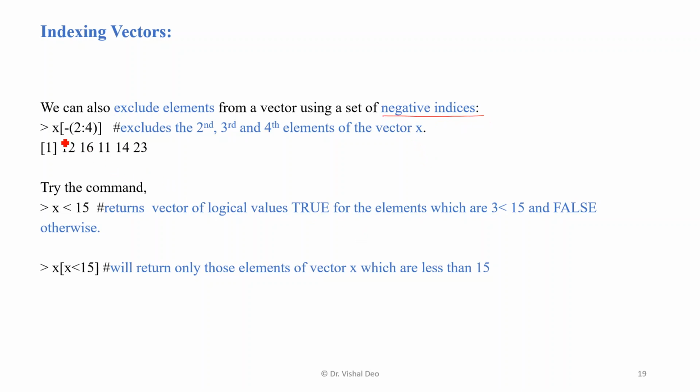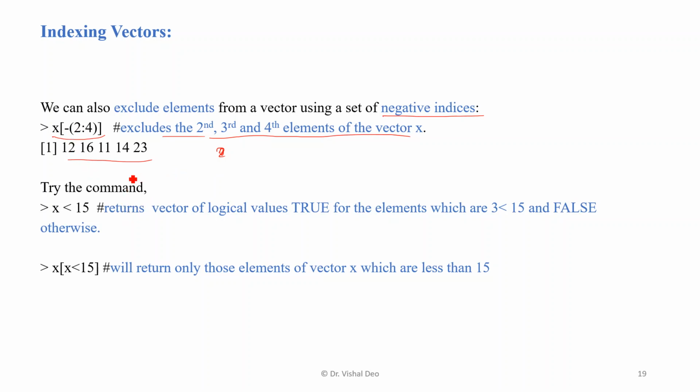So if I write x minus, and then the sequence 2 to 4, that means the second, third, and fourth elements of the vector x will be excluded, and the output will be the remaining values in that vector x. Right? So suppose some student has dropped out and you want to exclude that from the result, you can use a negative index there.